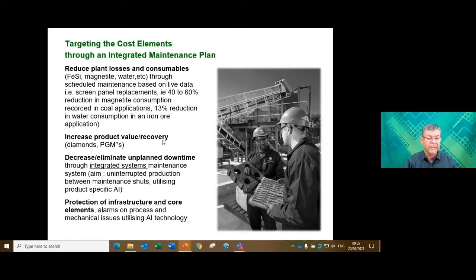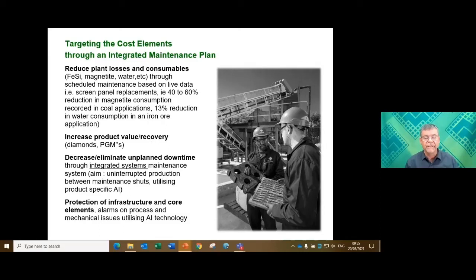Another example where AI is used is near density hang-up, same type of element, whether it's in a cyclone, where simple intervention by the plant can unblock the situation, carry on, and production continues as normal. So by using artificial intelligence, you are able to sort out process issues on a much faster basis, protect the infrastructure and core elements of your plant, reducing the cost of the plant in the long term.